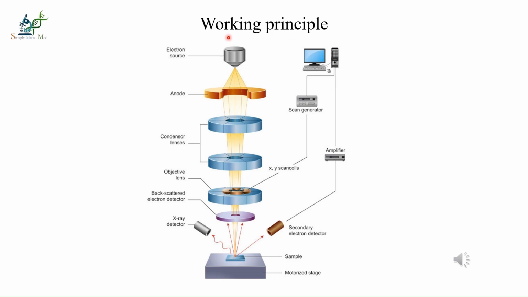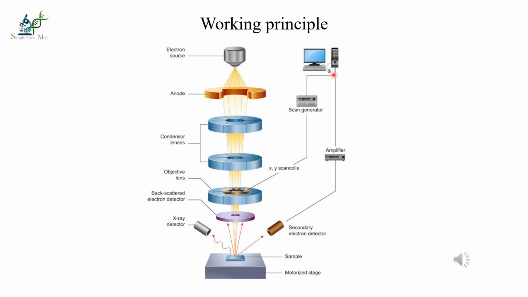Now we will discuss the working principle of the scanning electron microscope. First, the different parts of the scanning electron microscope. This is the electron source. This is the anode. This is a condenser. This is the objective lens. This objective lens is connected with the X and Y scan coil.